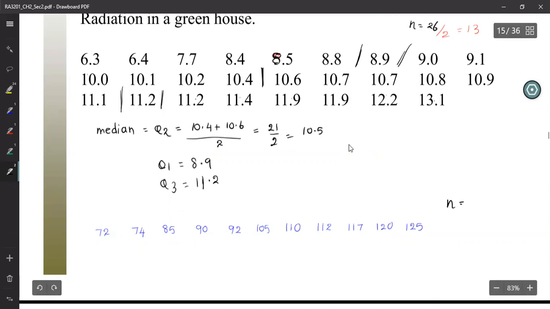Sample size is now 11. Okay, tell me what is the median first?